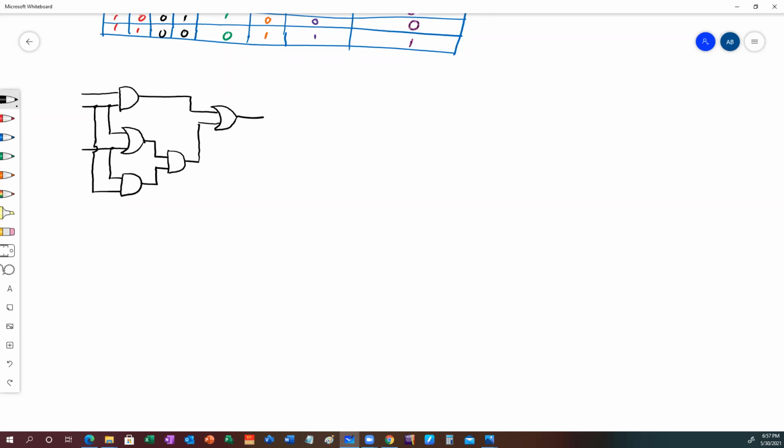Here you get A, B, C. That is the output. Right? It is a little complex, but it is not difficult. You have to get the F truth table. Right? Try to do it.